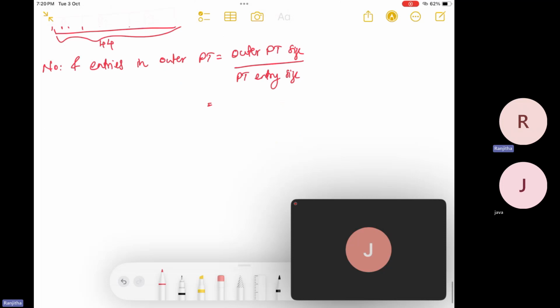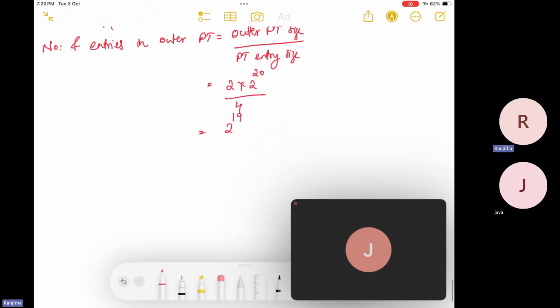Outer page table size is 2 into 2 power 20 divided by 4, which is equal to 2 power 19. So the number of entries in the outer page table is 2 power 19. This means 19 bits are needed.